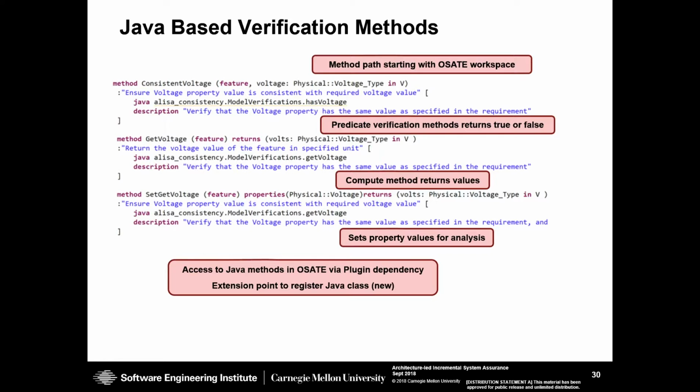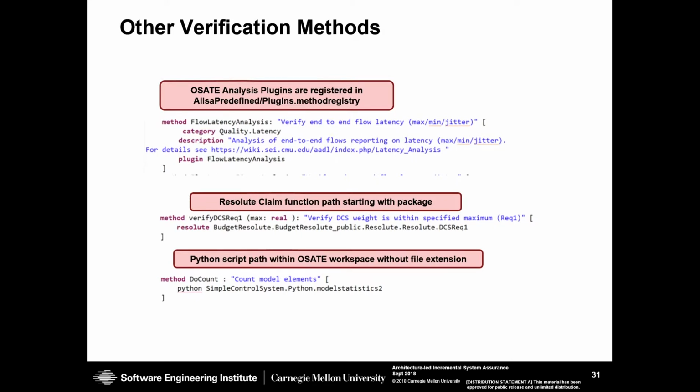You may want to start making use of this extension point mechanism, and that is coming out with the next release and is currently available in the testing version. The verification methods are an example of the plugin. All you do is name the plugin and we figure out how to find the plugin.